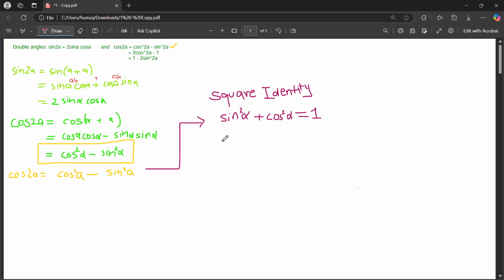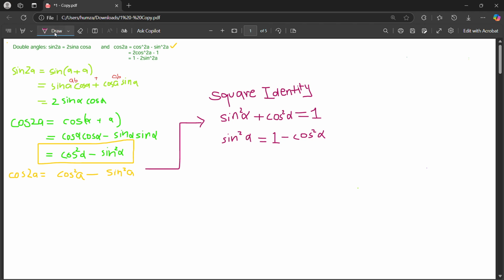Now we can make this the subject. We can make sin squared alpha a subject, or we can make cos squared alpha a subject. Now we can make sin squared alpha the subject, and we can let this cos squared alpha walk across the equals. So this will become your sin squared alpha is equal to 1 minus your cos squared alpha. Right? So we made sin squared alpha the subject.